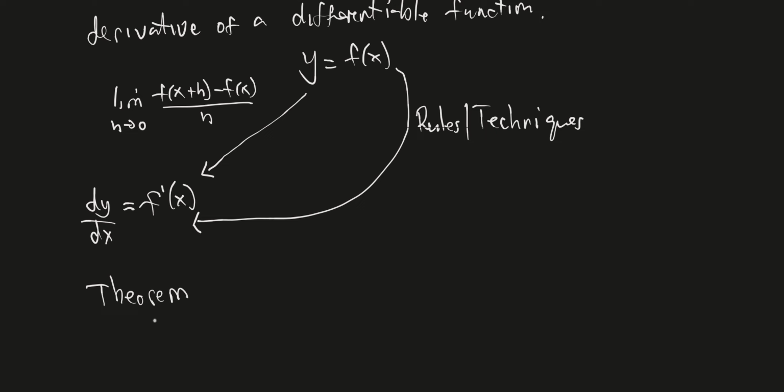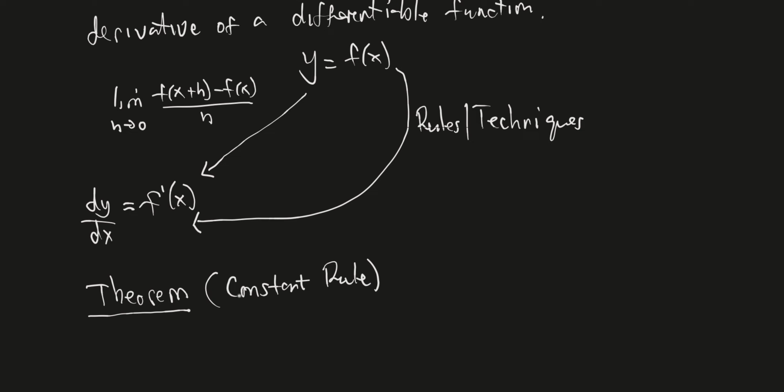So the first one deals with the simplest type of function, right? And what is the simplest type of function? Well, it's a function that's a constant. So if you graph it, all you see is a horizontal line. It doesn't go up, it doesn't go down, it never changes. Hence, we call it a constant, right? So this is going to be called the constant rule, right? And every rule is going to have a name.